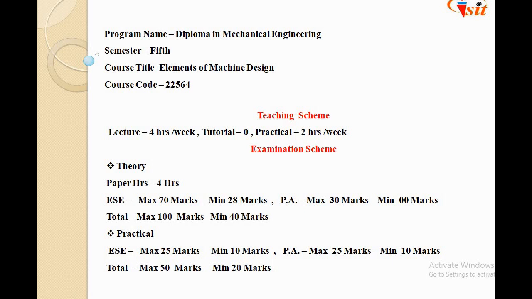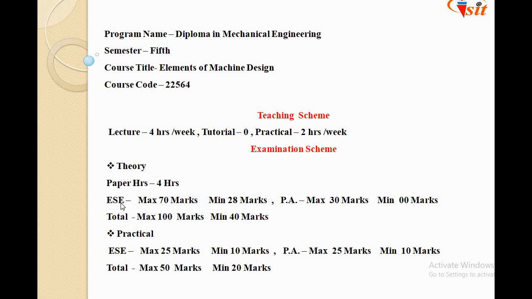Now, the examination scheme has 2 components. One is the theory component and one is the practical component according to I scheme. Under the theory component, again there are 2 components, that is end semester examination and progressive assessment.